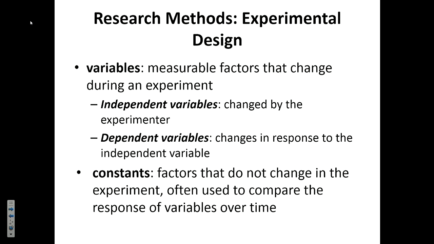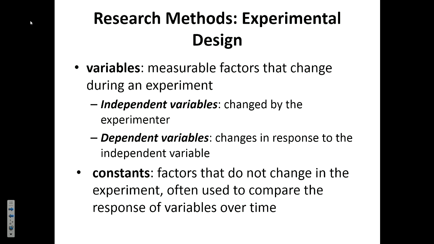And from the scientific method, you want to look at how you're designing experiments. So we're trying to overall understand different research methods. And from this, we have variables. Variables are what we call the measurable factors that are going to change during an experiment. So we can have 2 different kinds of variables, and you want to make sure that you know the difference between those 2.